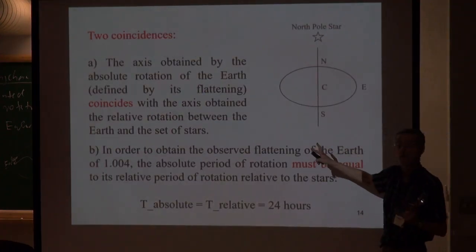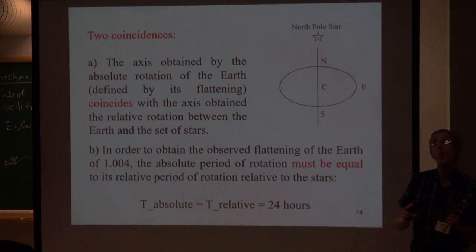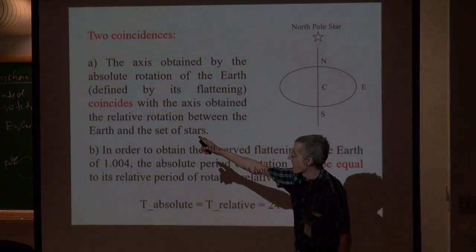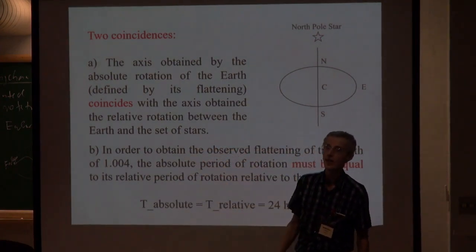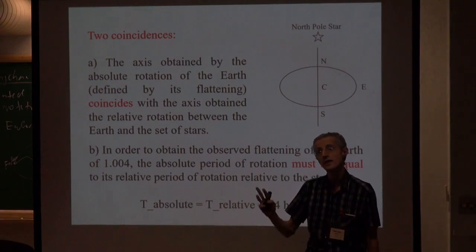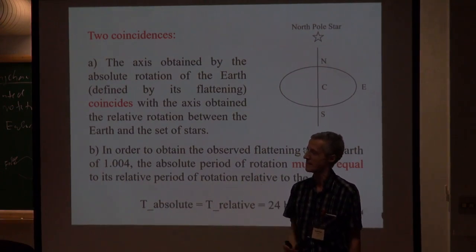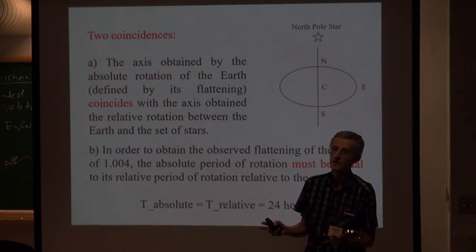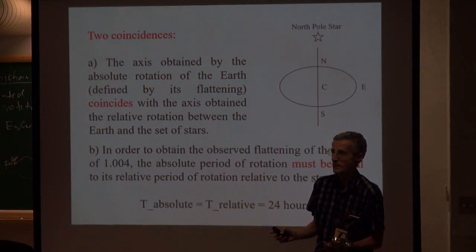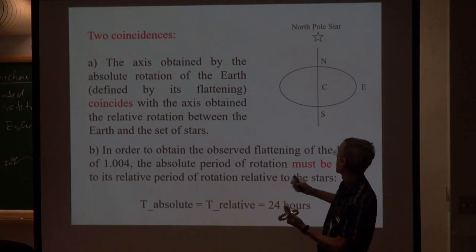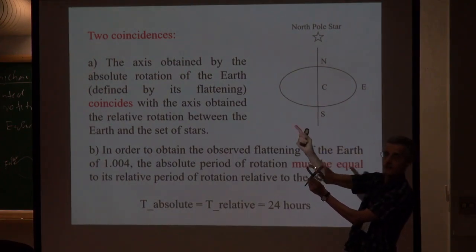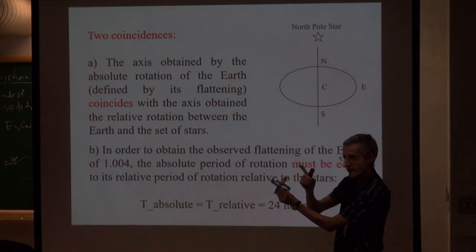But in Newtonian mechanics, these two facts are coincidences, because there is no relation of the stars to the flattening of the Earth, due to Newton's theorem. The influence of all of them cancels on the Earth. So the Earth might be flattening like that, and the stars might be spinning like that around the Earth.